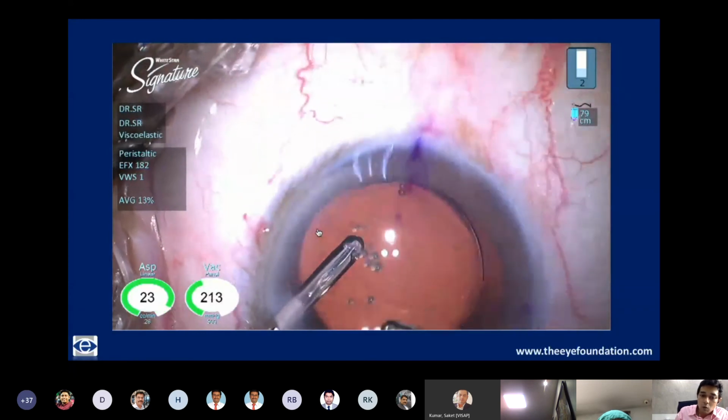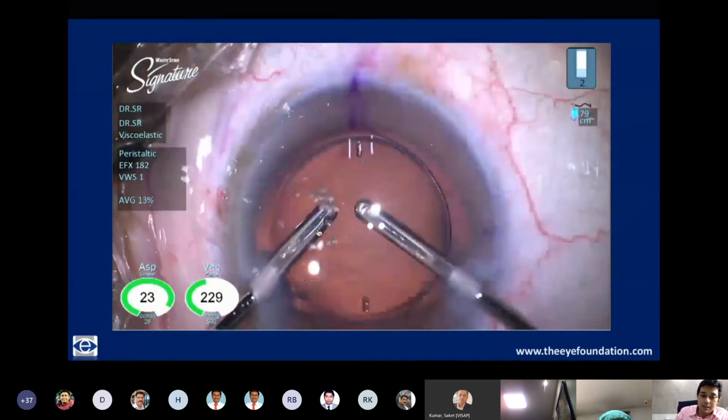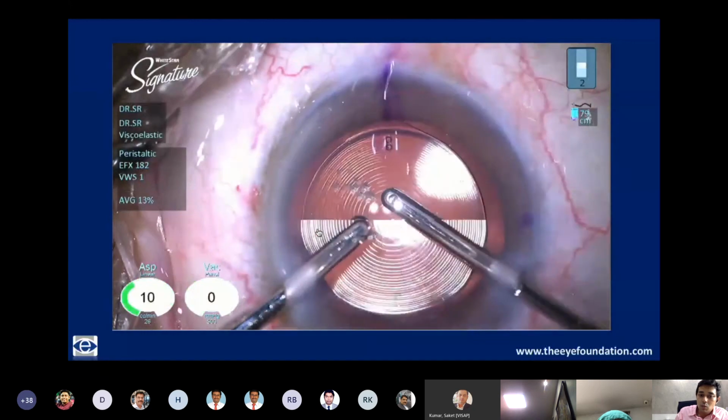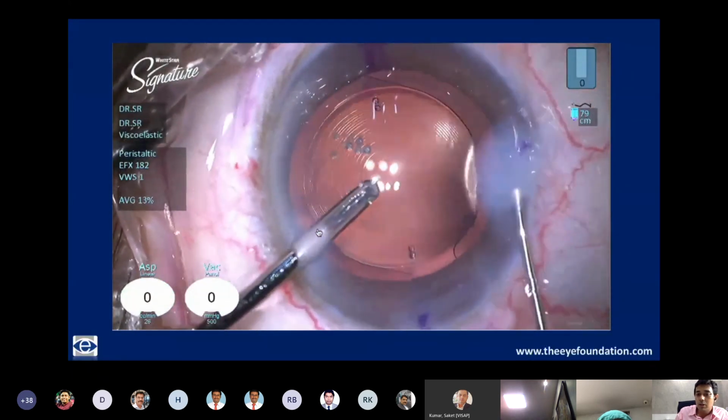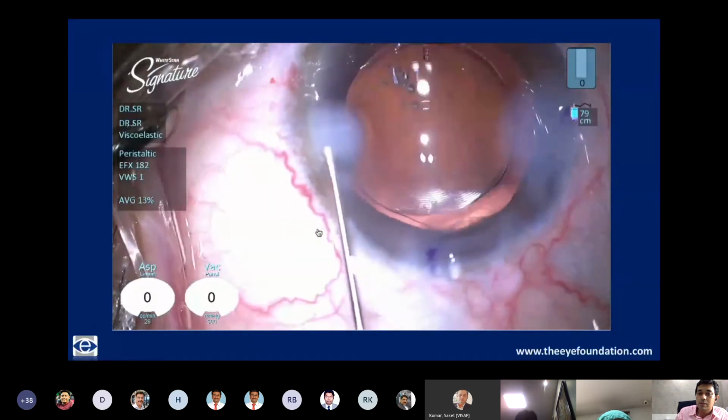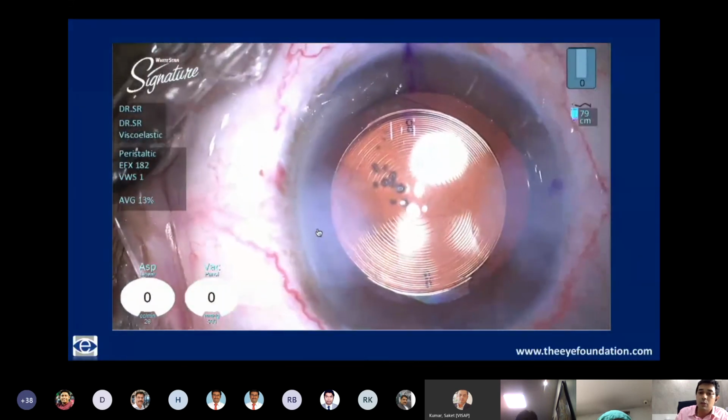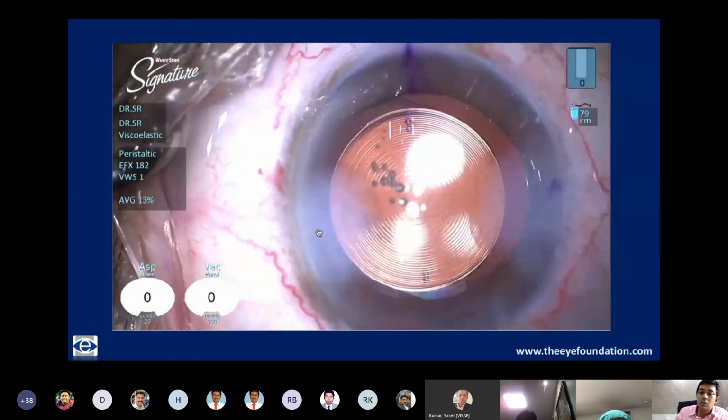Then, with the irrigation cannula still in, I remove the aspiration after having centered and tapped the lens in place. With the irrigation still on, you hydrate the port and then remove the cannula. This ensures there's no sudden shallowing of the AC, so that the IOL does not rotate and it is well centered and on axis as you would desire.